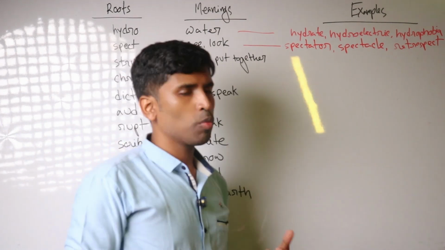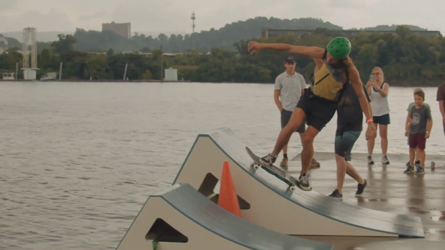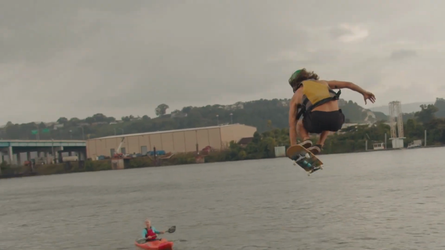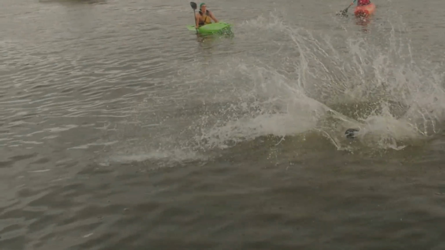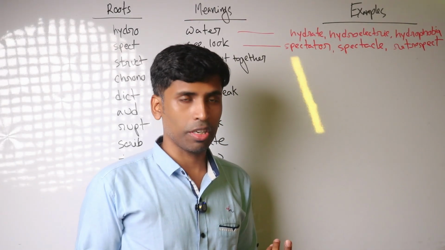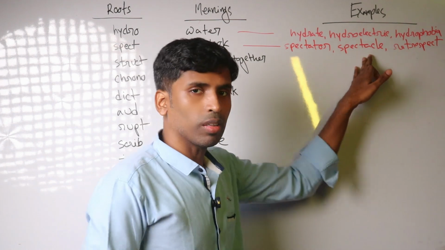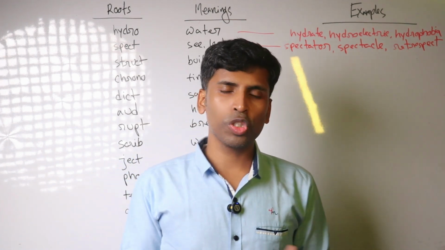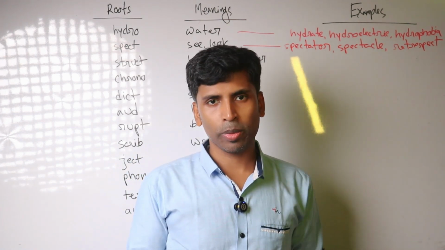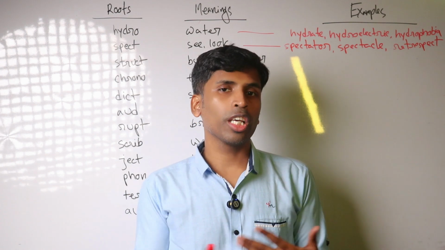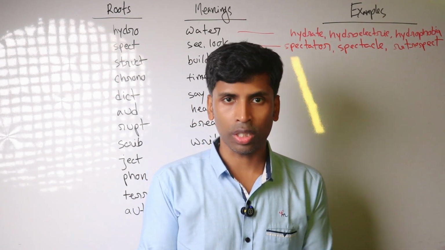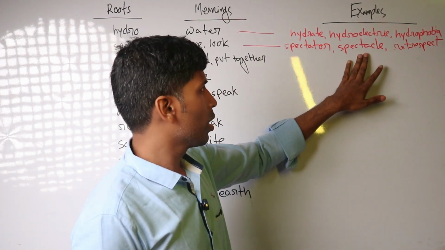Spectator, so someone who spectates or someone who is watching an event, a sports event for example, is a spectator. And spectacle, what is a spectacle? It's a visually striking performance or a show, something that you would enjoy watching. Okay, so that's a spectacle.